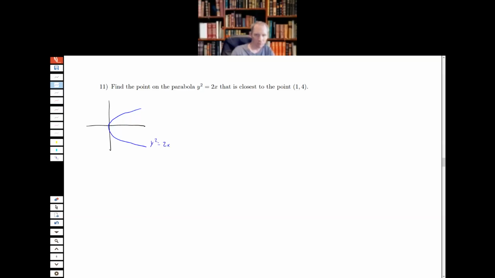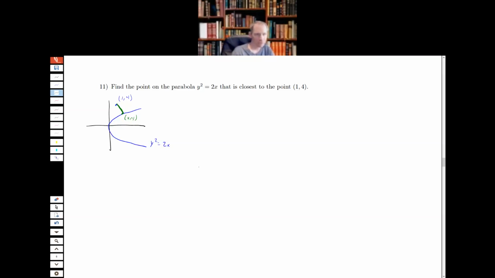If I plug in 1 for x and 4 for y, I don't get a true equation. So I know that (1, 4) is not on the parabola. It doesn't really matter where it is, but I know it's not on the parabola. And what I want to do is find a point that is on the parabola, I'll call it (x, y), that is closest to (1, 4).